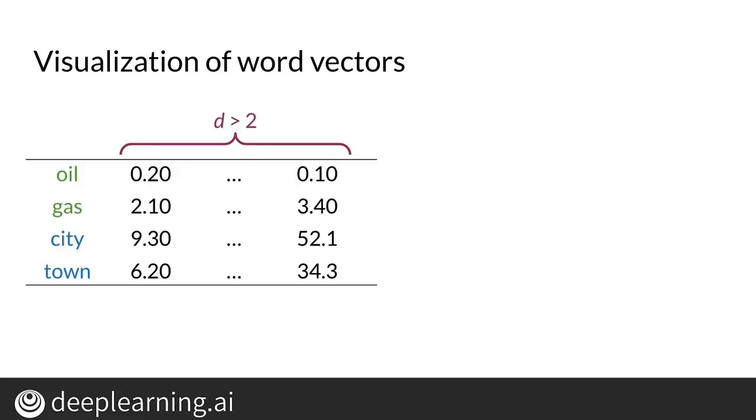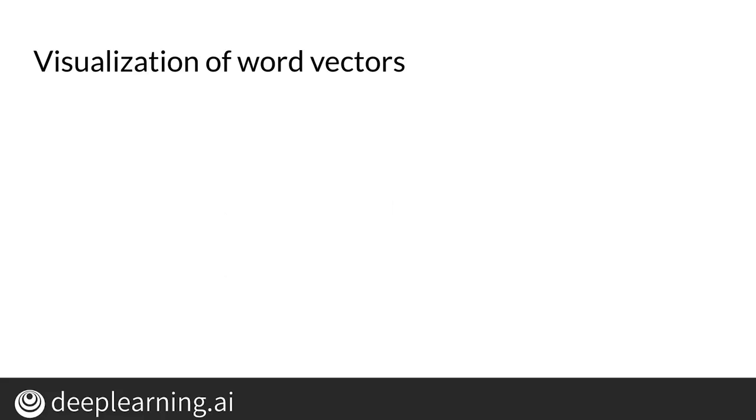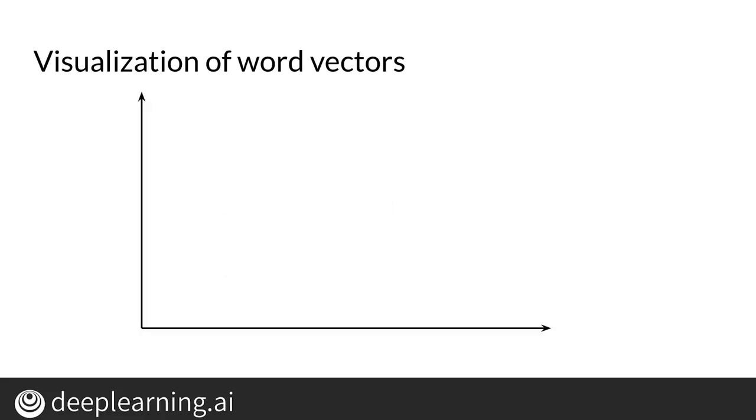When you have a representation of your words in a high dimensional space, you could use an algorithm like PCA to get a representation on a vector space with fewer dimensions. If you want to visualize your data, you can get a reduced representation with 3 or fewer features. If you perform principal component analysis on your data and get a 2-dimensional representation, you can then plot a visual of your words.